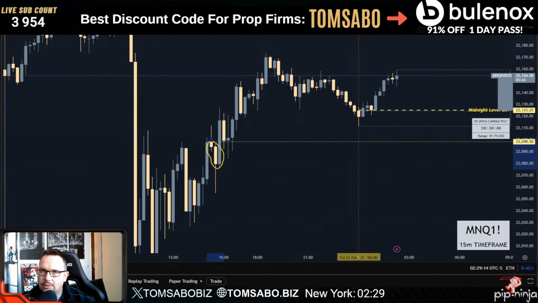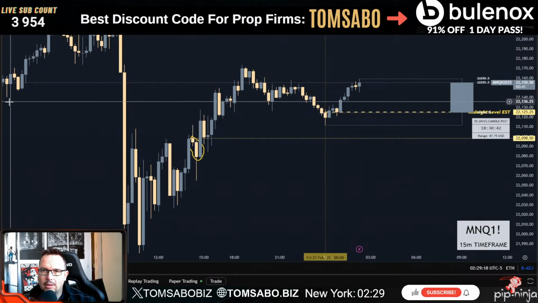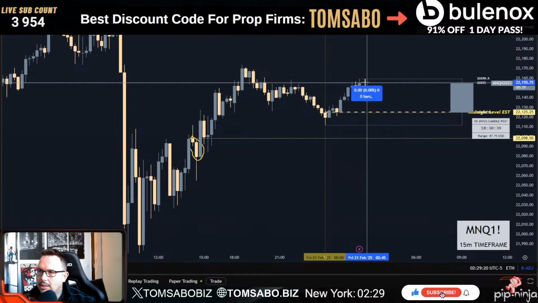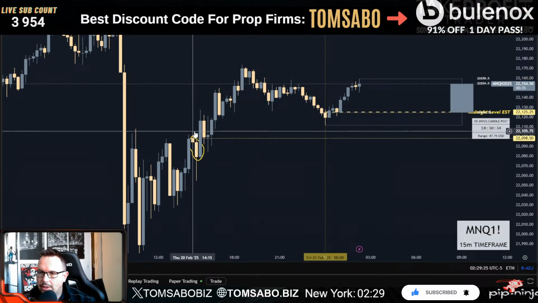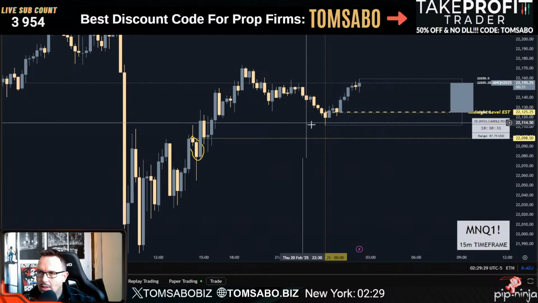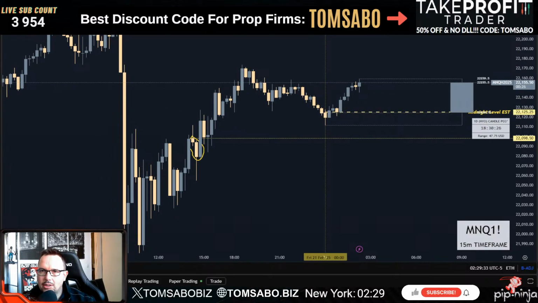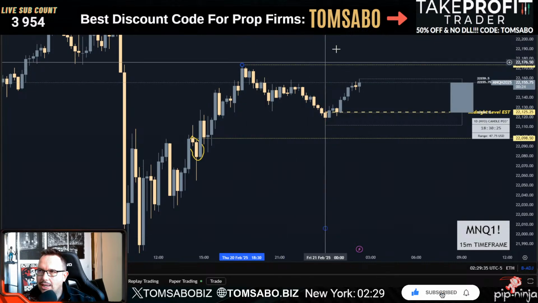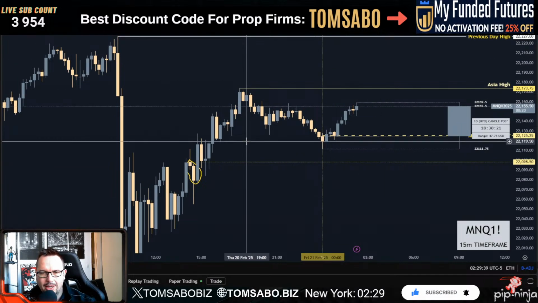This is just beautiful on the 15-minute chart. I just love it. It's 55 points lower, PM session low basically. So I like it. Now here we could be considering this as a possible Asia high. So let's just go with that.